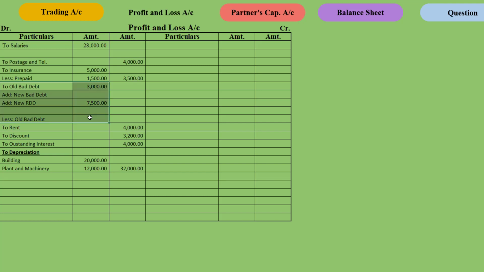Now see, this is entire set. This one, this dark green shaded is one set. Okay, these items are added. So here it will be 10,500. Here is nothing, so we'll put a dash.